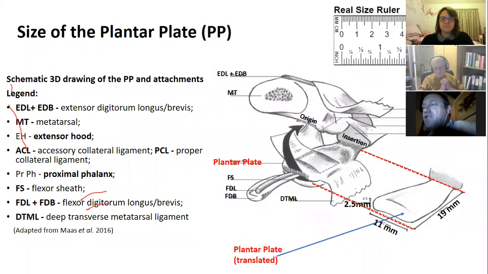This is one big structure. And it's made of really strong collagen. So if you look at the ruler above, you can see what 11 millimeters looks like, and then almost 2 centimeters. So we're looking at quite a sizable structure here that is constantly under pressure, a pull pressure and a compression pressure. So quite a structure. Okay, thank you. Next slide, please.